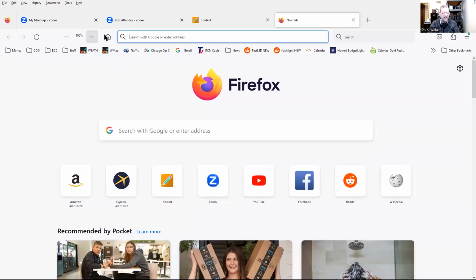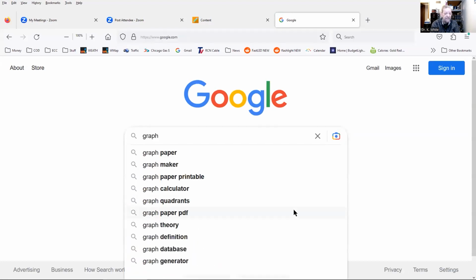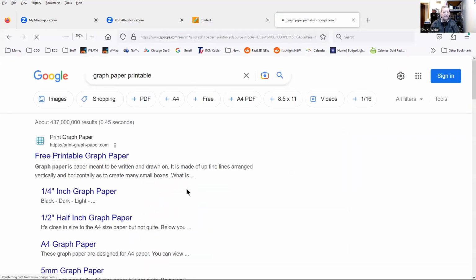Now, how do you find graph paper on the internet? Go to your favorite search engine and type in graph paper. Notice it says graph paper printable, and I'll just do the first hit.